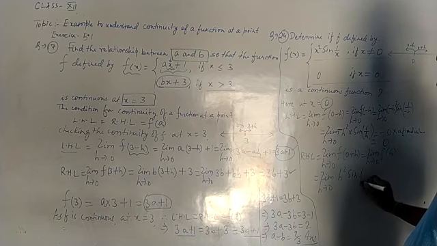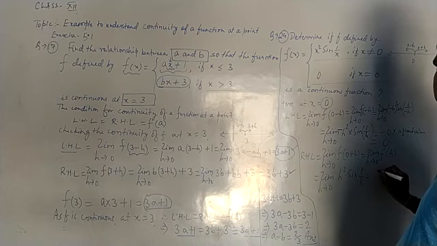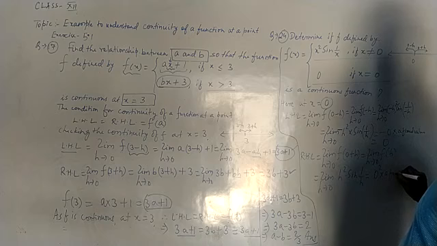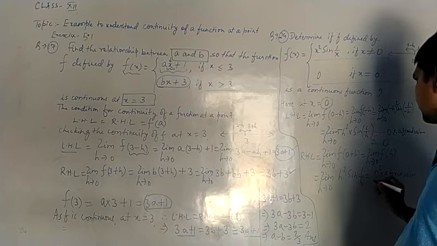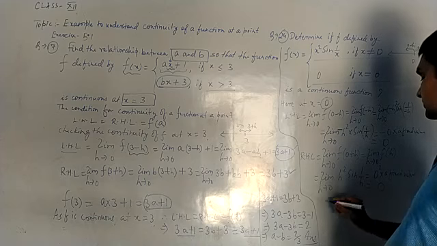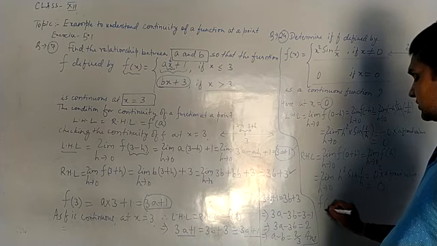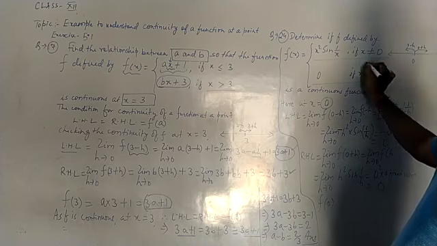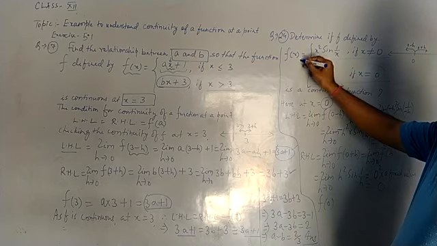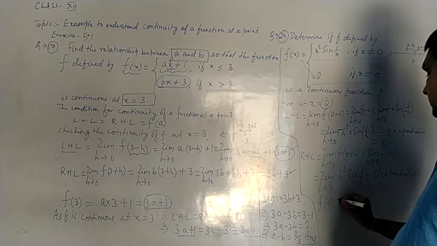That will give you 0 square into a fixed value, something will come, so that will give you again 0. f(0) is what? At x equal to 0, f(0) is equal to 0, as it was given.